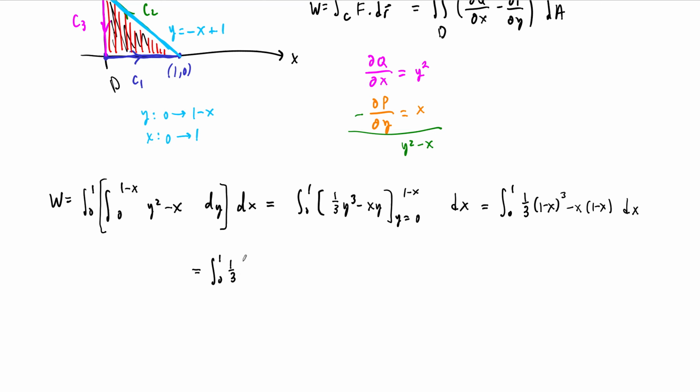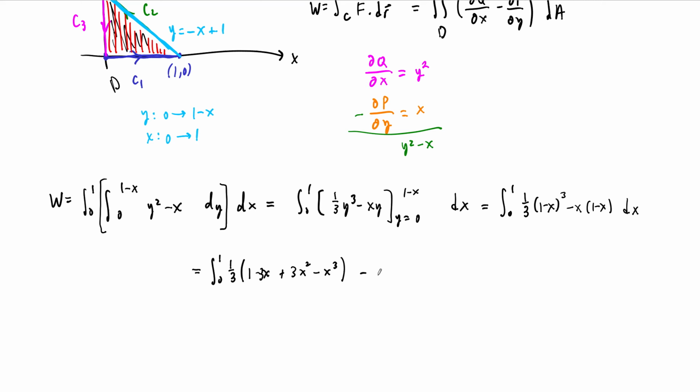So we have 1/3 times, when we multiply it out, 1 minus 3x squared plus 3x minus x cubed. I wrote that in a very odd order, and it's actually the wrong order, right? So it's 1 minus 3x plus 3x squared minus x cubed. There, now it's right. I claimed that this was going to be easy to do, and then I messed it up.